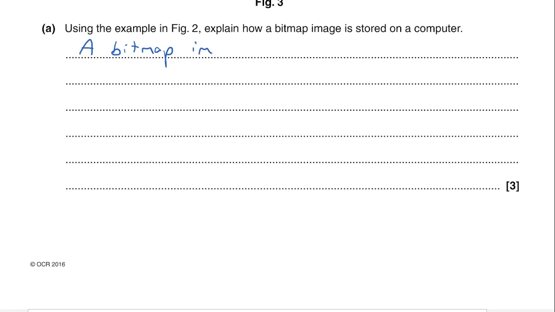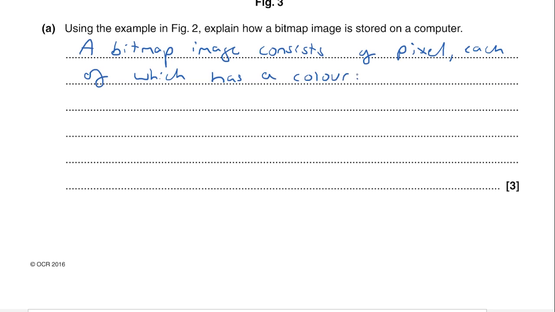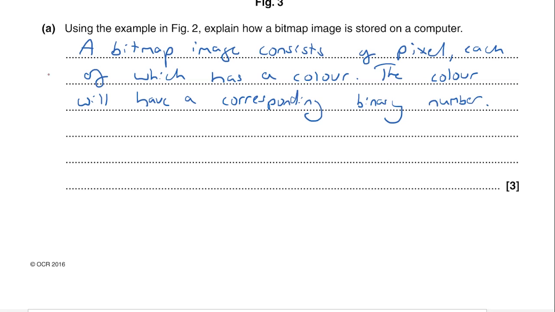So a bitmap image consists of pixels. Each of which has a set colour, or just has a colour. The colour will have a corresponding binary number, and then we've got to do an example.